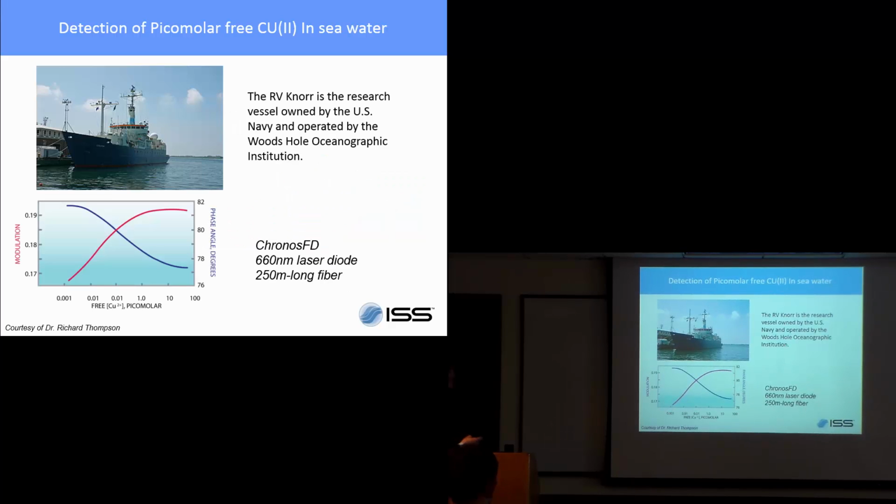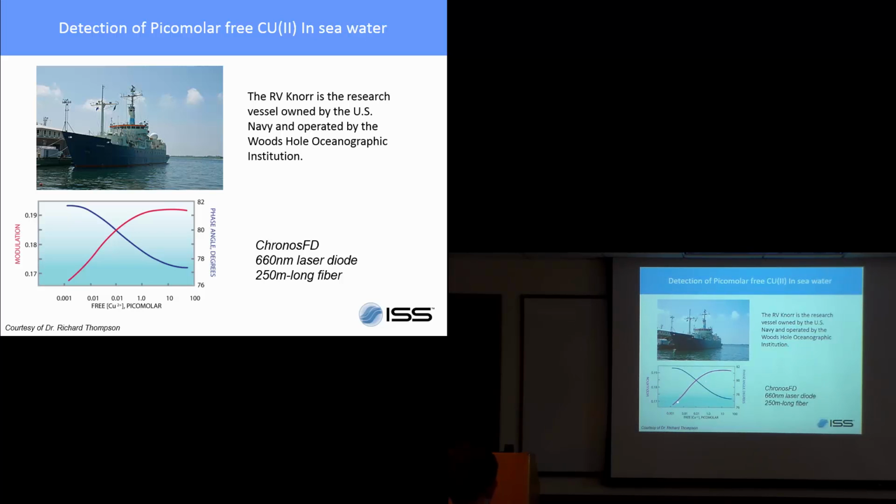Well, they measured the concentration of this copper ion at different distances in the Atlantic from the coast and at different depths. And they built a map. How? Because he first built a calibration curve where he detected the phase angle and the modulation.